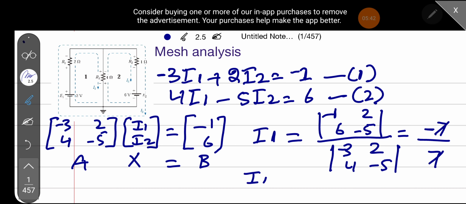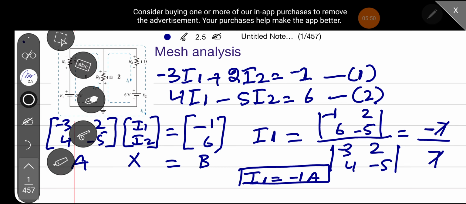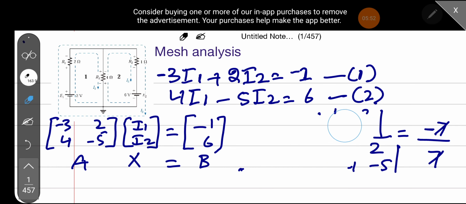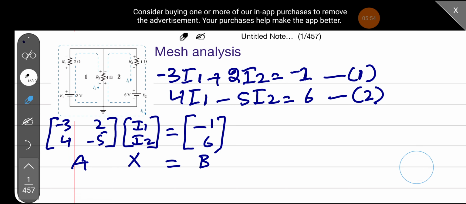So I1 is equal to -1 ampere. So we found that I1 is equal to -1 ampere.